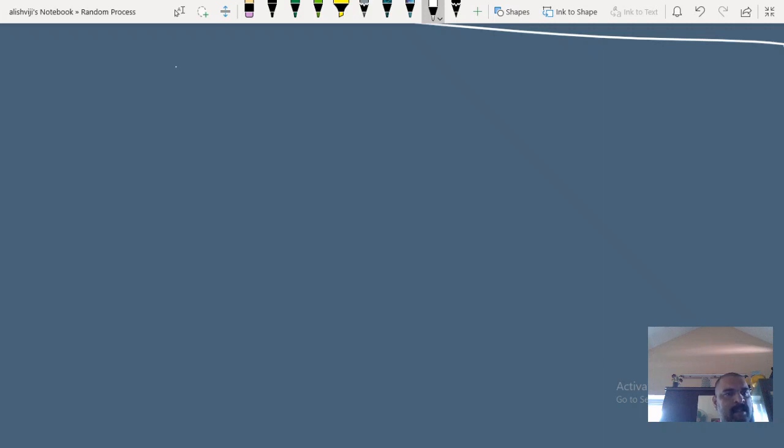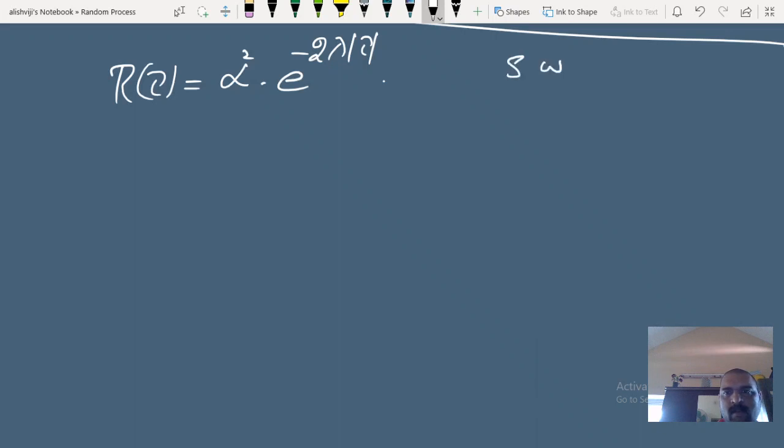Let's consider a WSS process for which the autocorrelation function is given by alpha square into e raised to minus 2 lambda into modulus of tau, and we have to find the power spectrum of the random process.